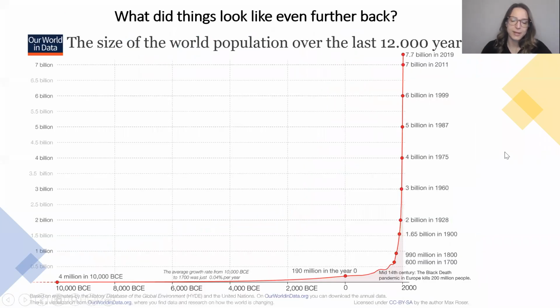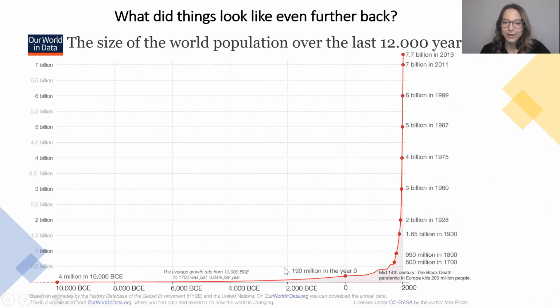Now, what did things look like even further back? So before the 1700s from the last figure. Well, as you can see, human population growth is really a recent phenomenon in terms of human history. If you go before the 14th century, population was pretty small.